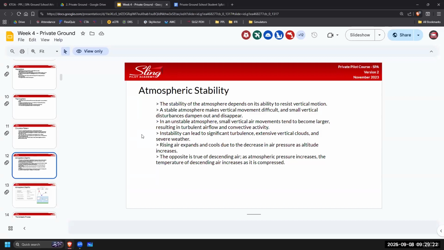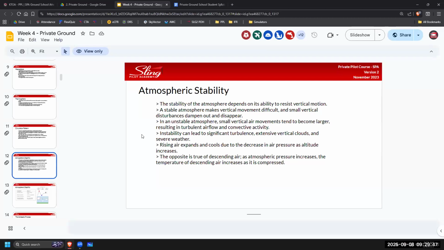Unstable atmosphere has large vertical movement. Rising air expands and cools due to the decrease in air pressure as altitude increases. So we know the air pressure is decreasing as we increase in altitude. Rising air is expanding and then cooling also due to the decrease in pressure.